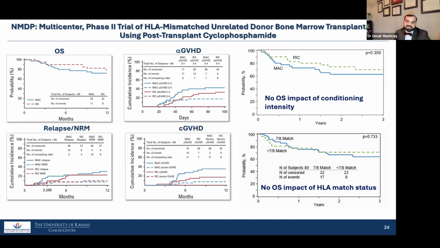There recently was a randomized trial in reduced intensity conditioning transplantation using post-transplant cyclophosphamide versus CD34 selection versus tacrolimus and methotrexate, and post-transplant cyclophosphamide was considered better. And that has led to kind of universal adoption of post-transplant cyclophosphamide in the United States for all donor types.